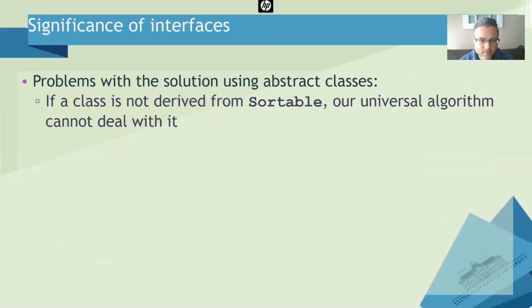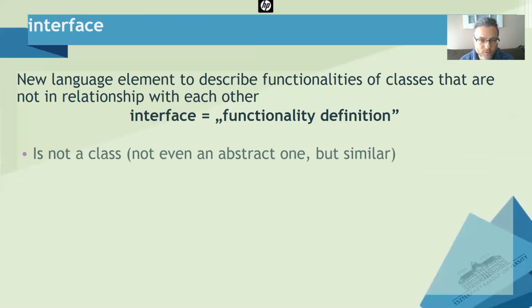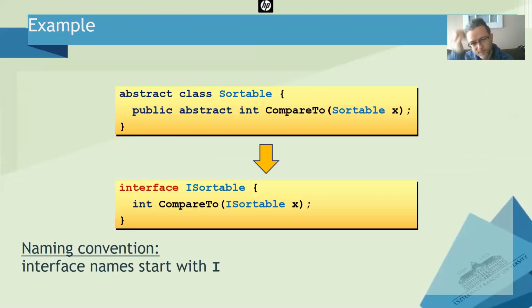Let me just jump to this slide here. At the top, you can see an abstract class. Let's recall, an abstract class is a class which contains at least one abstract method or property in C#.